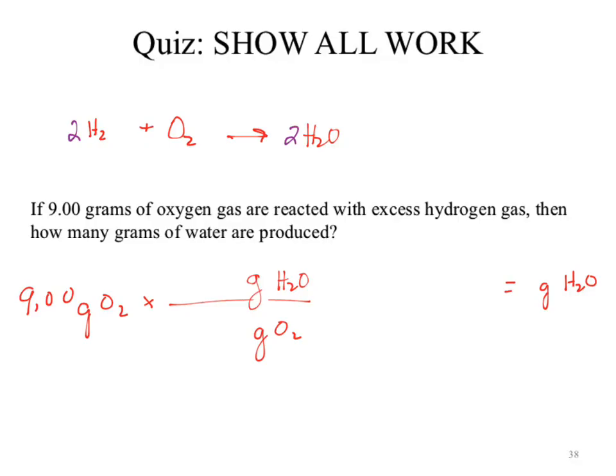A suggestion was made that our conversion factor comes from the equation. So 1 gram of oxygen is going to produce 1 gram or 2 grams of water. So 1 gram of bicycle frames is going to equal 1 gram of bikes. Why is that not true? Why is that not valid?